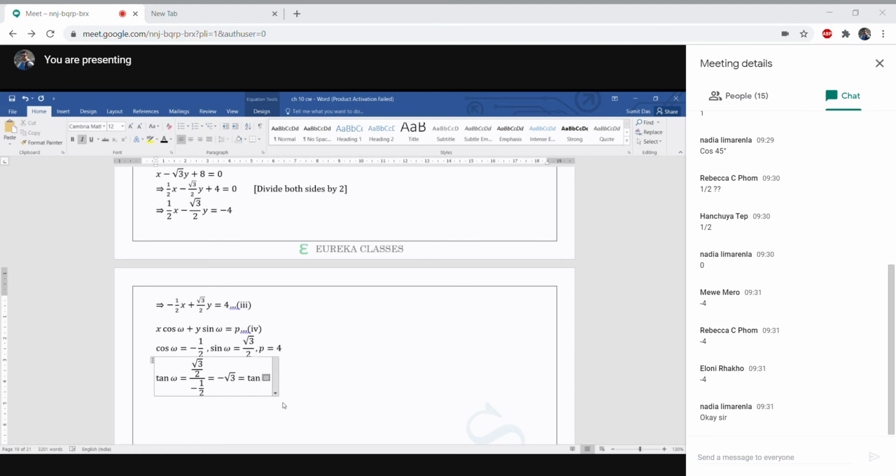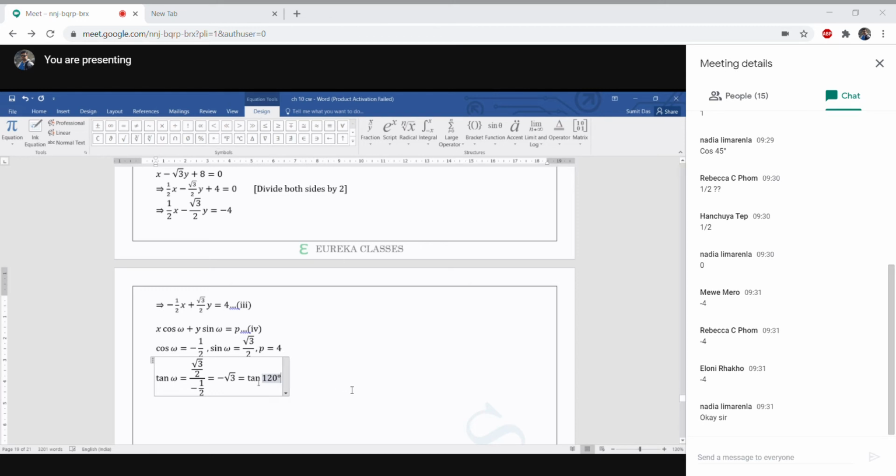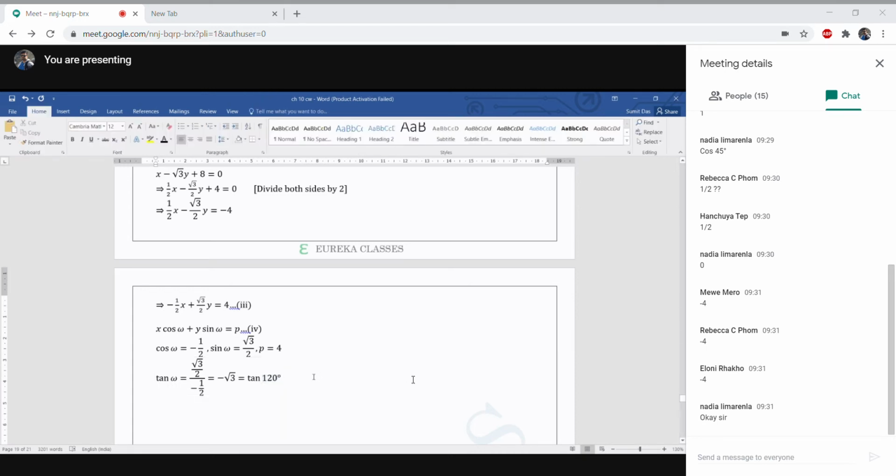Tan 120 degree. Why? Because tan of 90 plus 30. Okay, and 90 means it will be pi by 2. Pi by 2 means it will be an odd multiple, and odd multiple means cot, root 3, right? And in the second quadrant tan is negative. So cot 30 degree value is root 3, and in the second quadrant tan is negative. So yes, minus root 3 is tan 120.